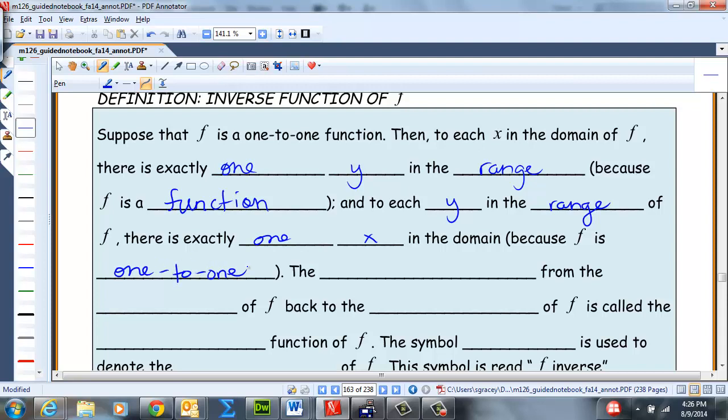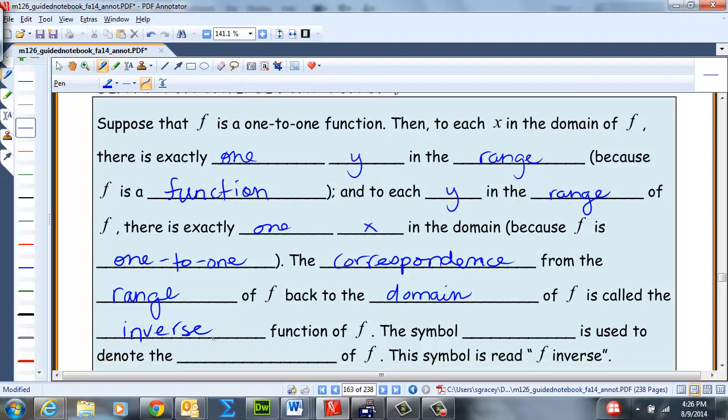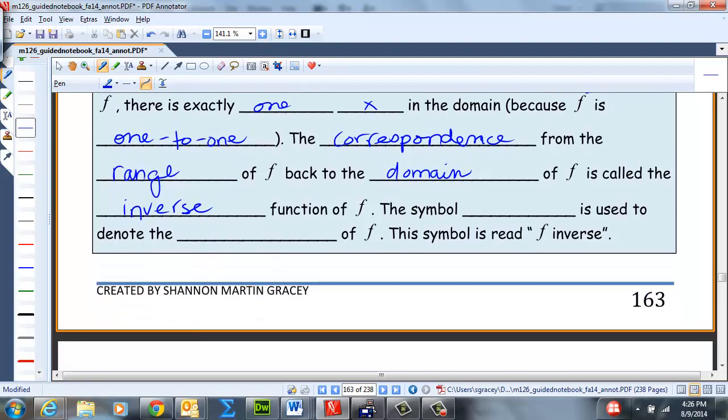The correspondence from the range of f back to the domain of f is called the inverse function of f.